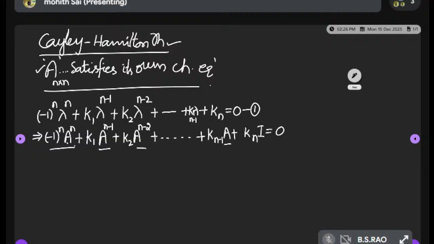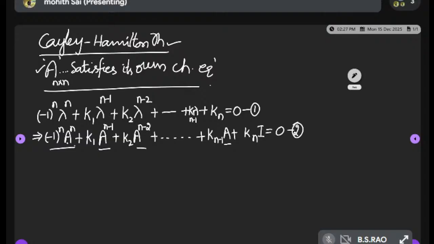Okay. See, this is equation 2. Listen. What's the use of finding it or applying this? If you multiply throughout with A inverse, write down application 1.